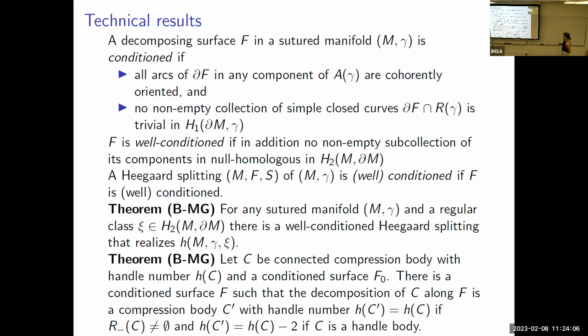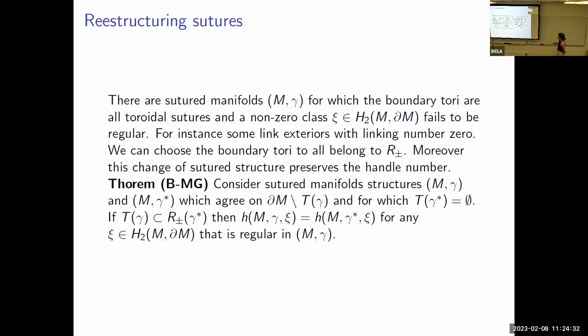And we can count the handle numbers of the new compression body, and they have the same handle number if the minus part of C is not empty, and otherwise we have to subtract to indicate that C is a handlebody. So we need these results.